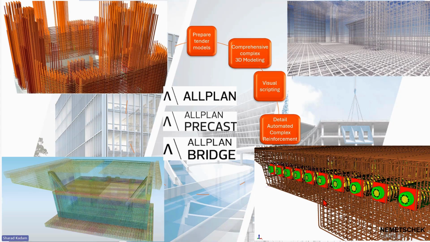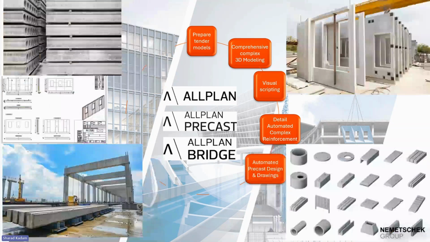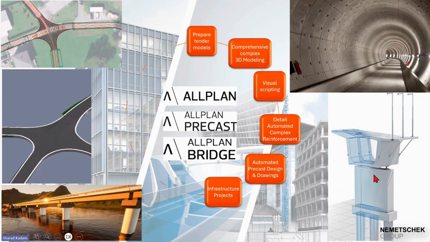We can detail automated complex reinforcement as well in Allplan. Any kind of complex rebar can be easily modeled. Then we can also do precast. Any kind of precast work can be done, and precast design and drawing can be easily handled. Infrastructure projects, whether it's bridges, highways, roads, tunnels, anything can be done.